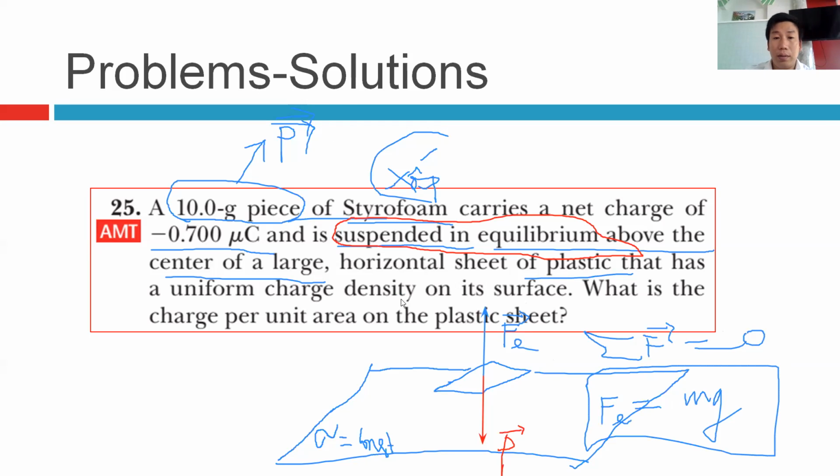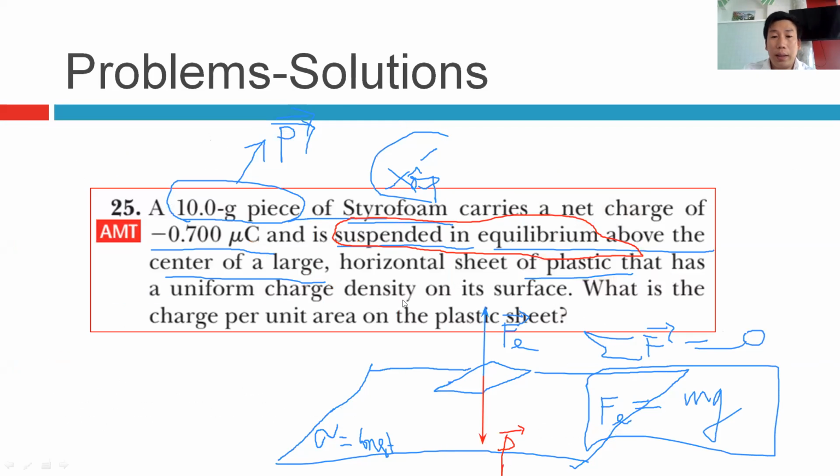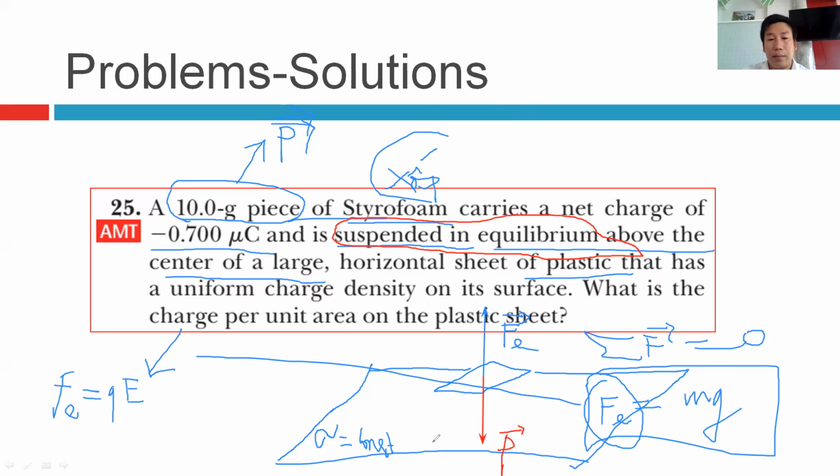And look at the solution here. You have this condition, but the problem is that because you have Fe here, you need to know that Fe equals QE, right, and you need to find E. The E is determined from the large horizontal sheet below.